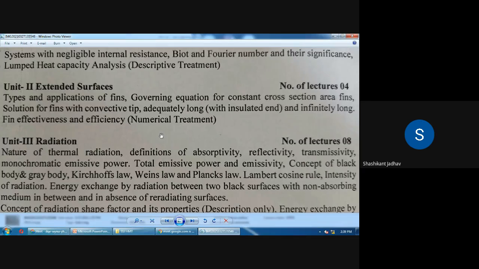Heat transfer rate Q is h into A into temperature difference, and for the design consideration we maintain a constant temperature difference. So in what way can we improve the rate of heat transfer? Anyone? How can we improve the heat transfer rate? What is another way to improve the heat transfer rate?